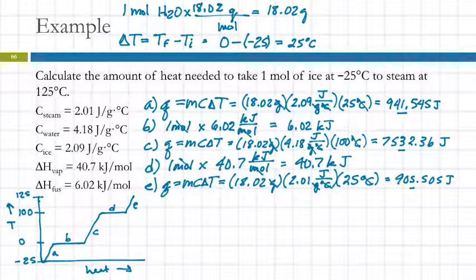Now we're going to get to the adding together part. We can't add joules and kilojoules. 40.7, that's a big number in kilojoules. And so I would prefer to convert the joules into kilojoules because our answer is going to be more than 40 kilojoules, and that would be too big if we express it in joules. So going to kilojoules, we're going to divide these by 1,000.